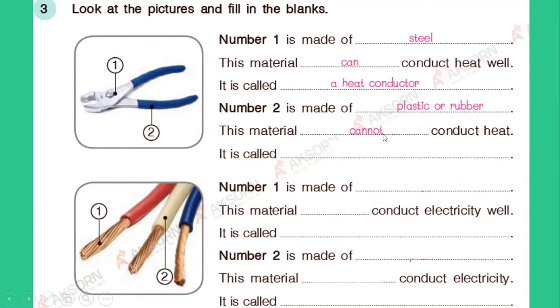If it cannot conduct heat, it means it's a heat insulator, all right? Repeat after me, a heat insulator. So it's Exercise 3, number 1. You can pause the video and write it down in your workbook. Steel can, a heat conductor; plastic or rubber cannot conduct heat, and it's a heat insulator.